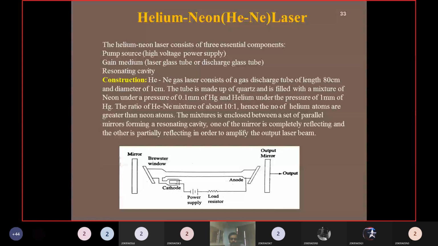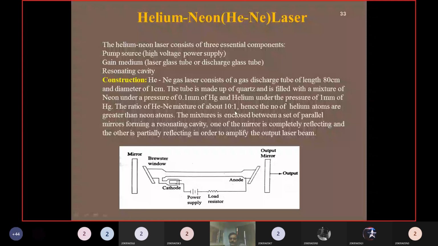Helium is 10 times greater than neon, so the helium to neon ratio is 10:1. You have to remember this ratio, and also the pressures we apply.